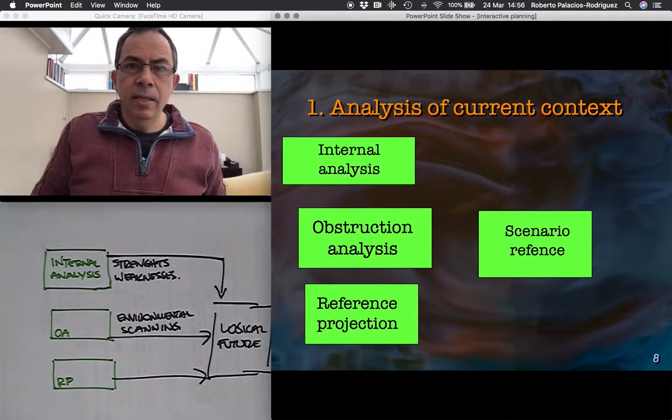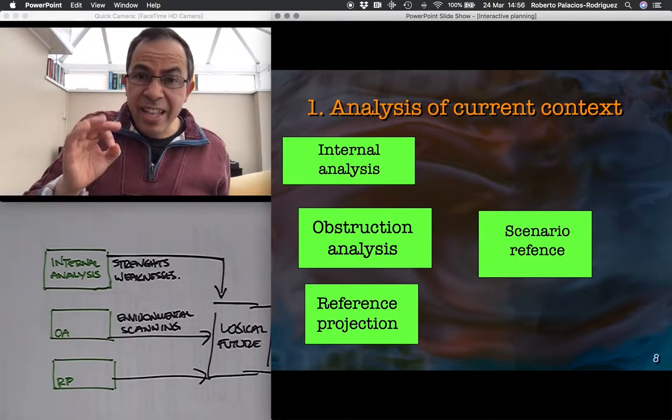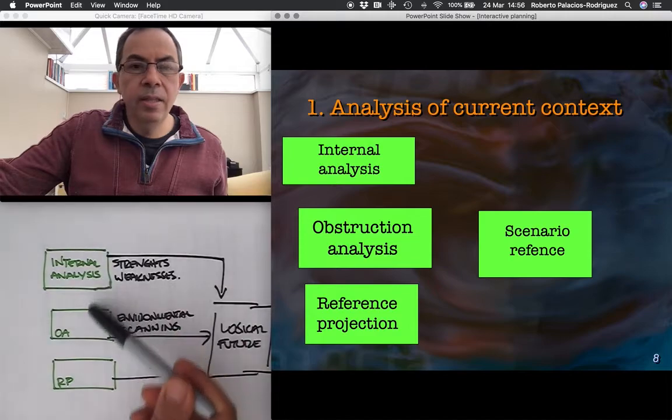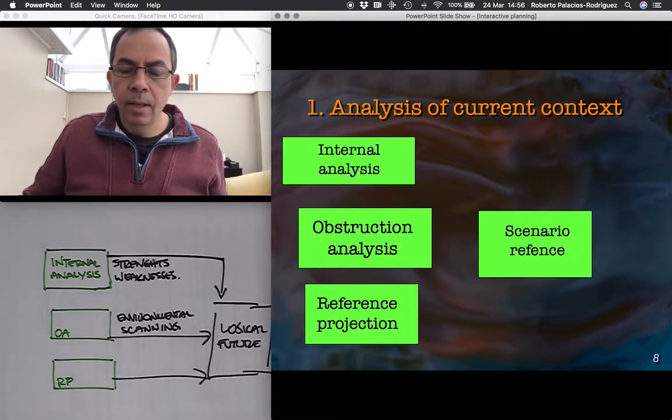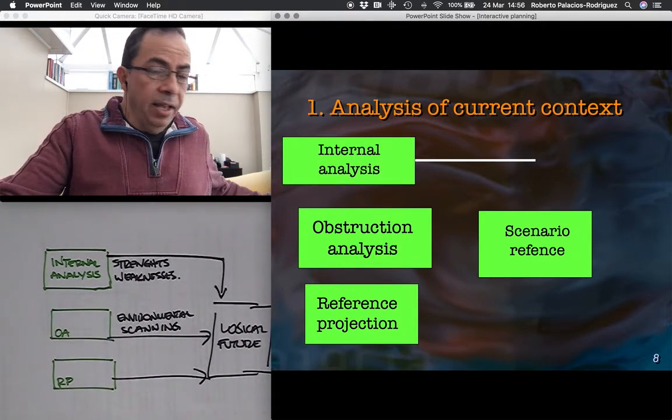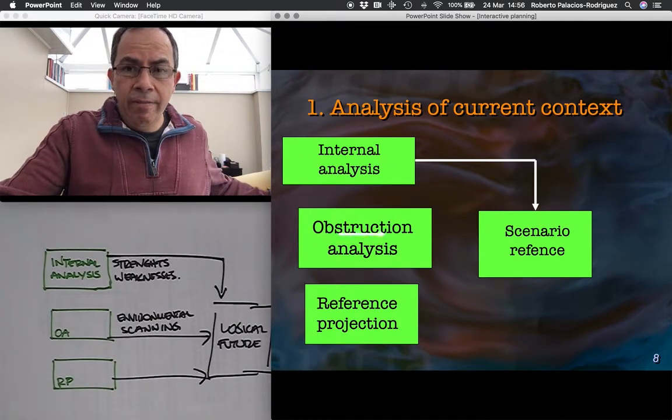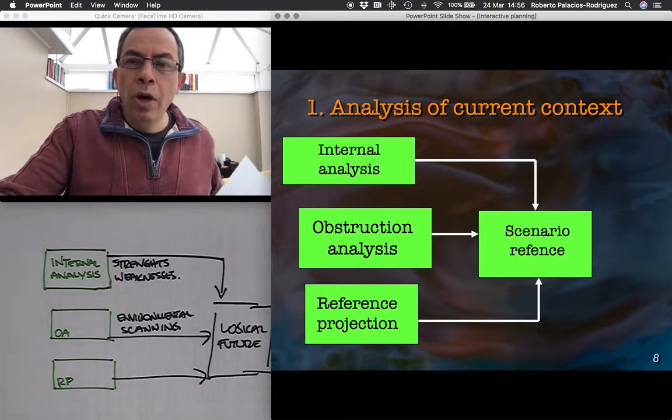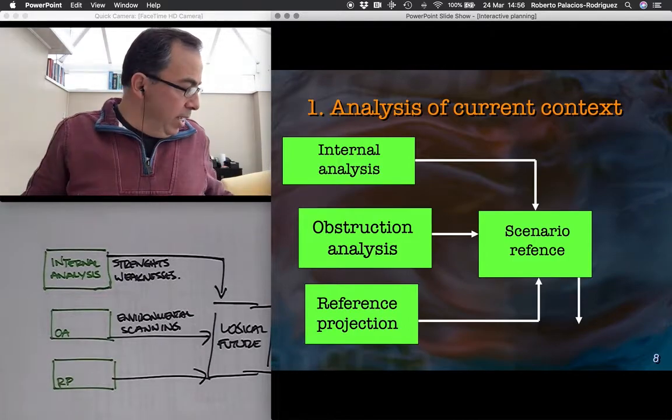Where do we see ourselves if things move in the direction that we're seeing? Once you have completed that stage, then you will have a good idea of what that situation is.